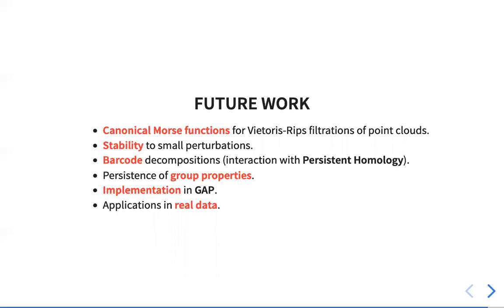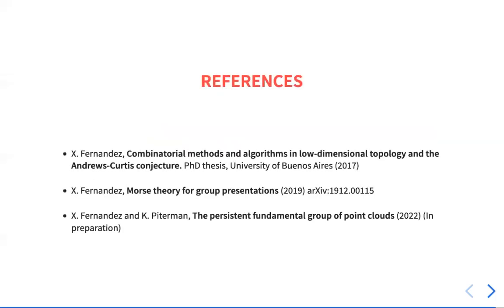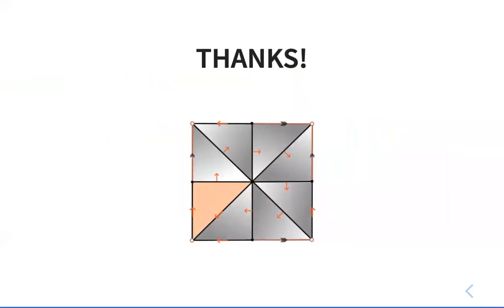We're implementing this algorithm in GAP, which is software that is very efficient for group computations, and trying it on real data sets, on bigger data sets. Well, here are some references, and thank you for your attention.